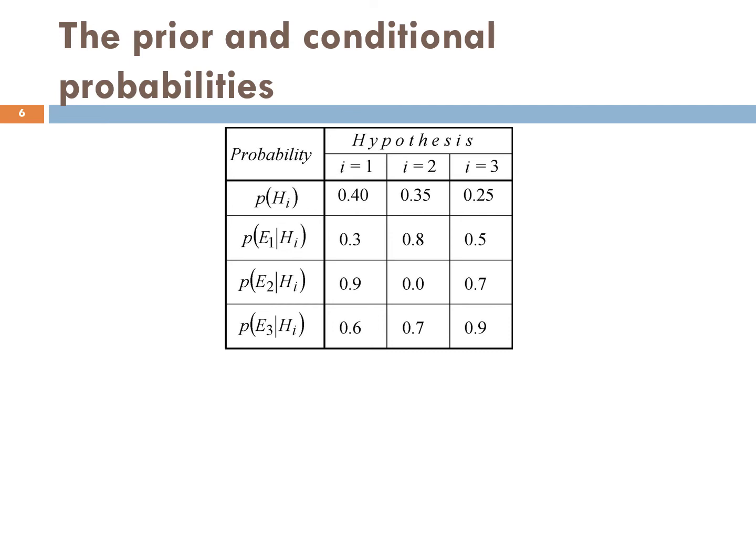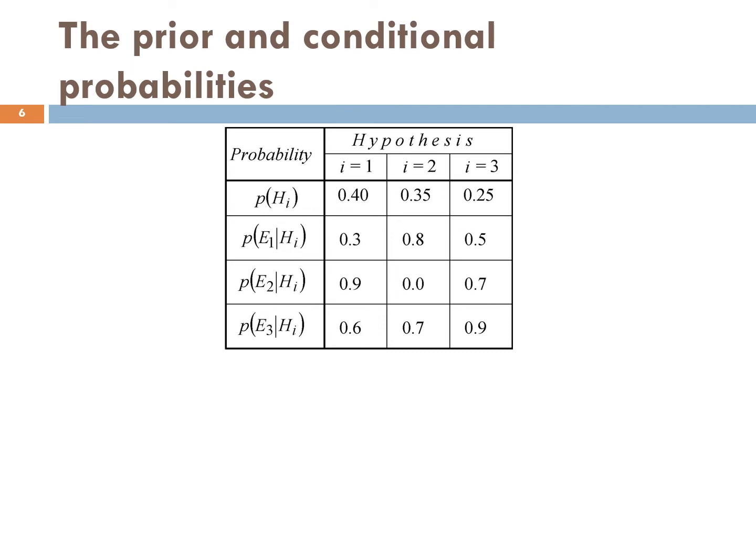Here, the first one is the probability of hypothesis. We have hypothesis one, the probability of hypothesis one, probability of hypothesis two, and probability of hypothesis three. And then we observe evidence one, and what is the probability of hypothesis one, hypothesis two, hypothesis three?